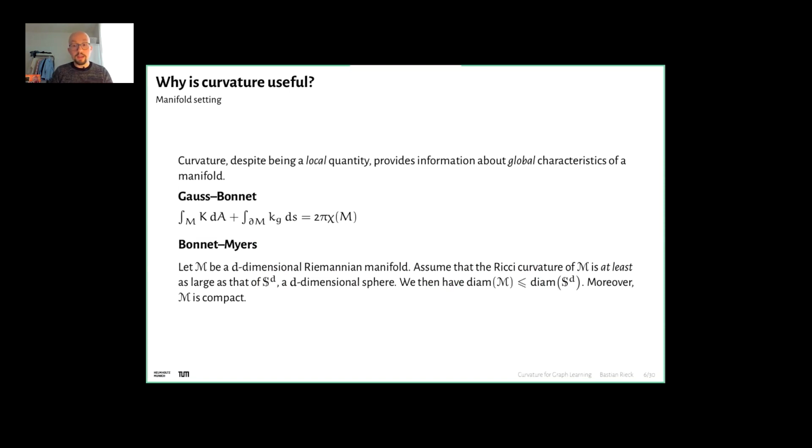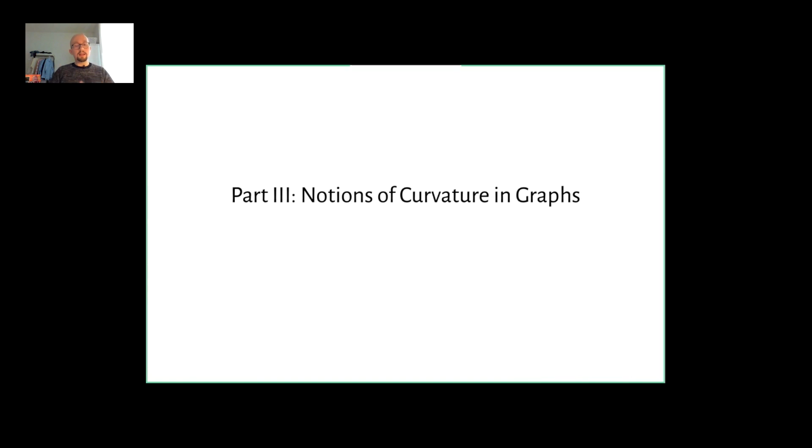That's also a very exciting theorem for me, because it again relates a very local characteristic to some global property of our object, in this case the diameter. At this point, this is all I have about why curvature might be useful. Are there any questions or discussion points before we move into the graph setting?